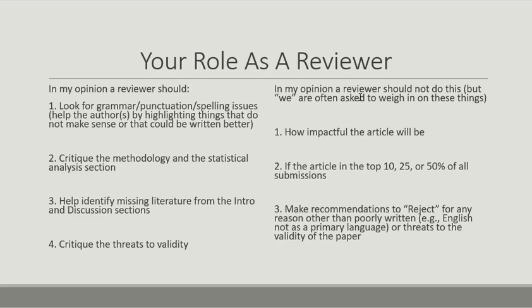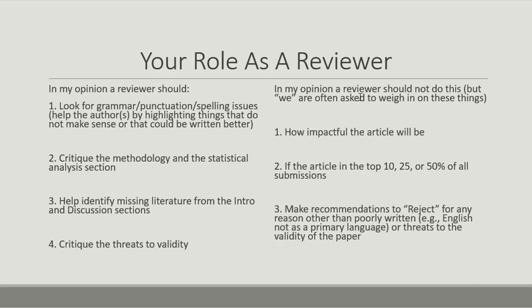I don't know that it should be our job, but we are sometimes asked to tell the editor what we think the impact of the article will be. That's basically like, is the article in the top 10%, 25%, or 50% of all submissions? Well, again, how would we know what all the submissions are? It is basically your professional opinion, your guesstimation. Is it fair?